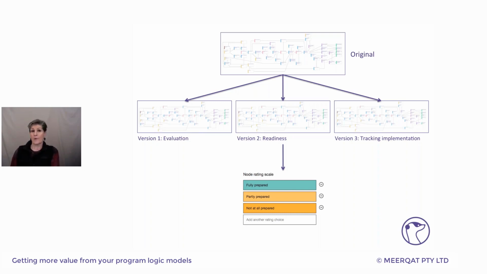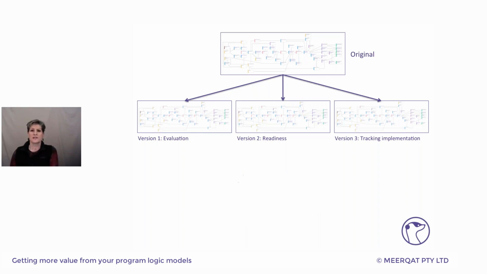When they're using that map in assessment mode, any node that is rated partly or not at all prepared would get added into the action plan, and the list of tasks included for that node in the action plan would be those things required to change the rating to fully prepared. Let's now look at the third one, tracking implementation in real time. You would use a similar approach for that. But for this application, your rating scale would reflect a level of completion.